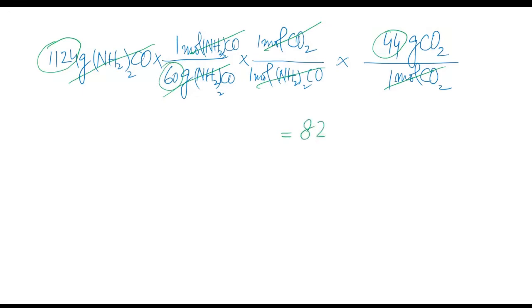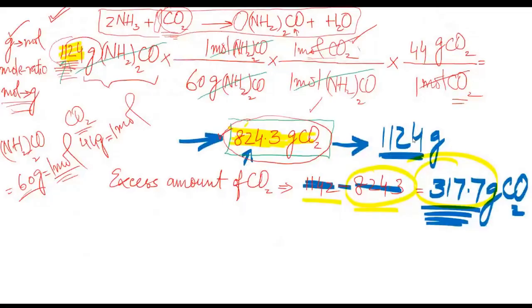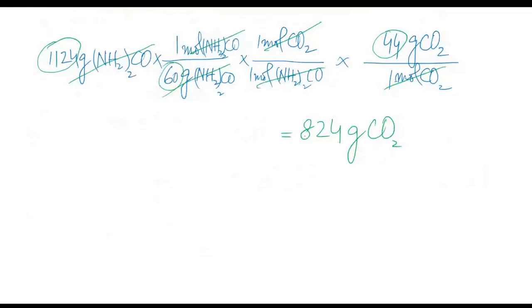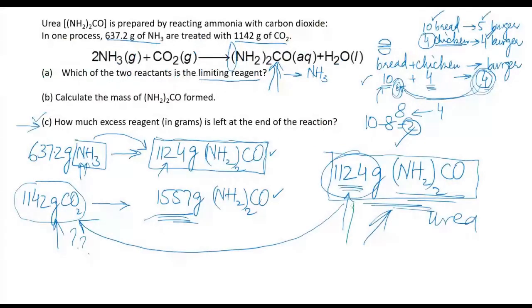824.3 gram of carbon dioxide. Okay, no problem. Now listen carefully. By making 1124 gram of urea, look, by making this urea, how much carbon dioxide gas is used? 824.3.